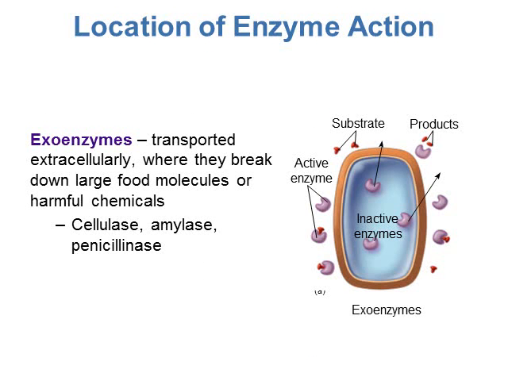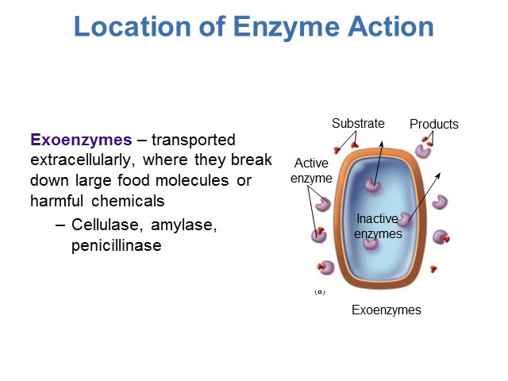Enzymes can be located in different areas of the cell. If we look at an exoenzyme, these are enzymes that are created inside of the cell, but then they're transported extracellularly, out of the cell. And these exoenzymes' job is usually to break down larger food molecules or harmful chemicals.